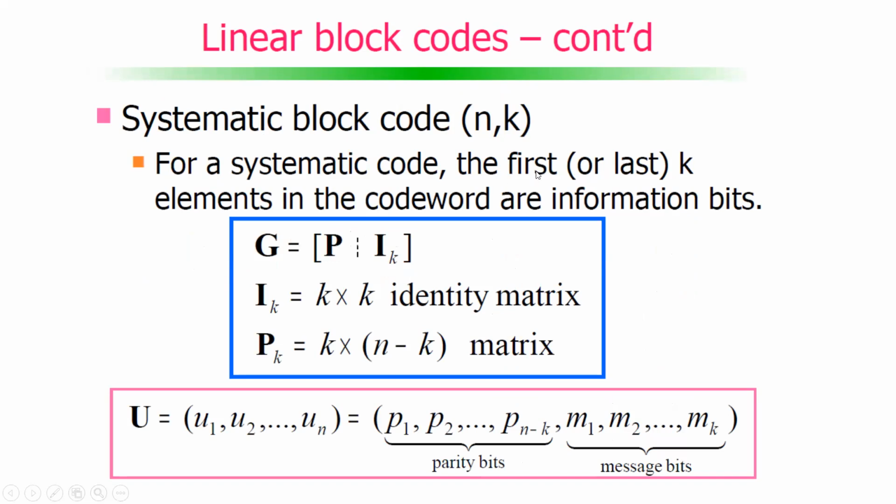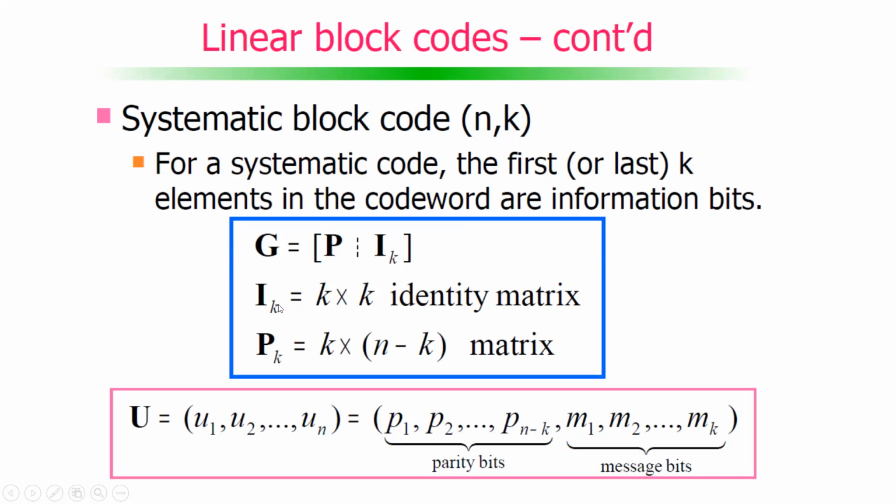So for a systematic code, the first k or last k elements in the code word are information bits. If that is the case, what should this generating matrix look like? A generating matrix will have two parts. One is the parity matrix and the other is the identity matrix.